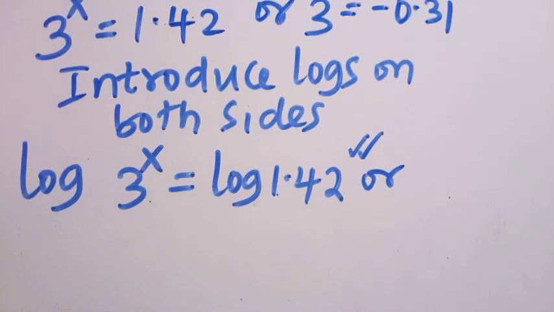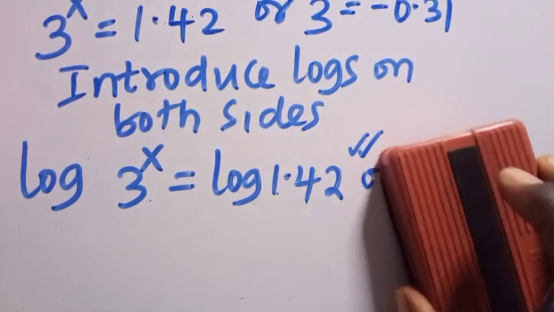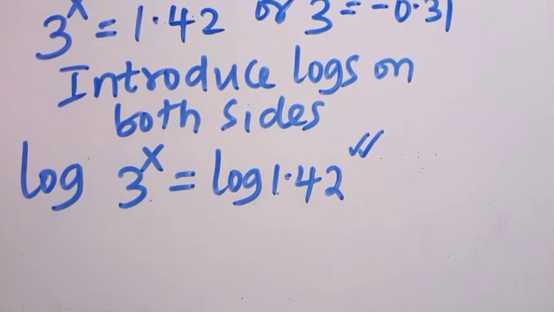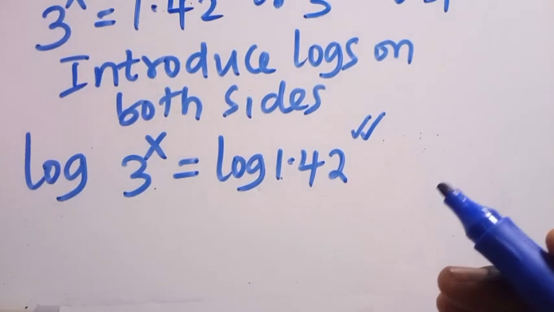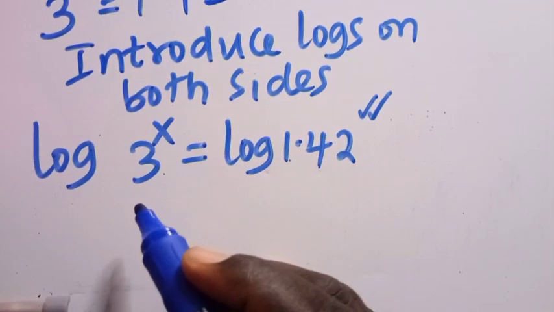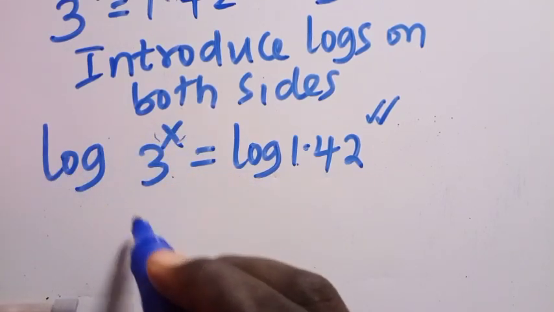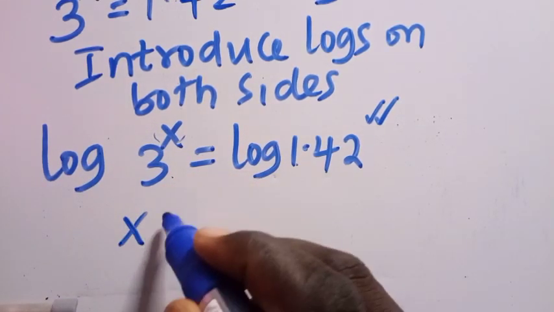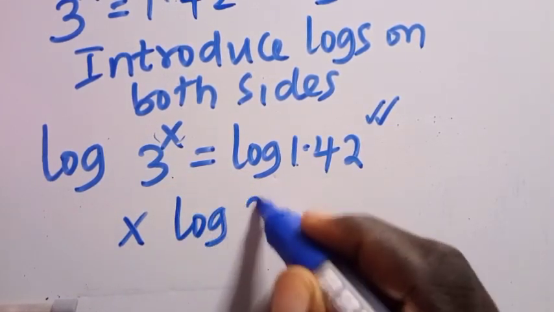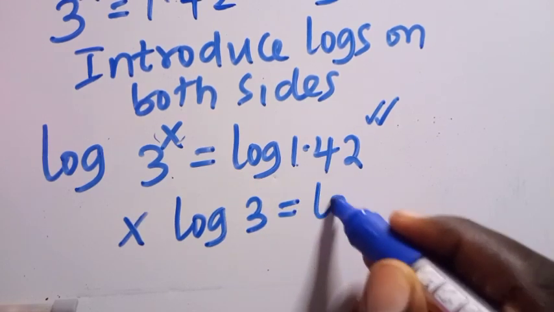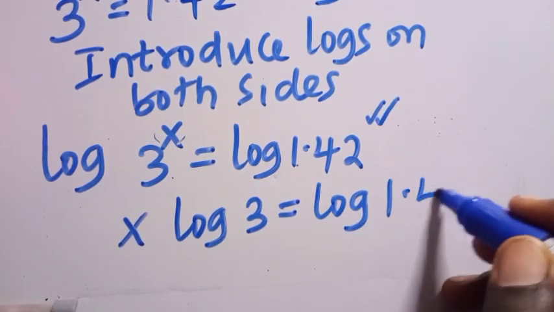Now, from that point, we can easily find the value of x by applying the laws of logarithms, whereby we can bring this x behind this log, and therefore it will be x log 3 equals the logarithm of 1.42.